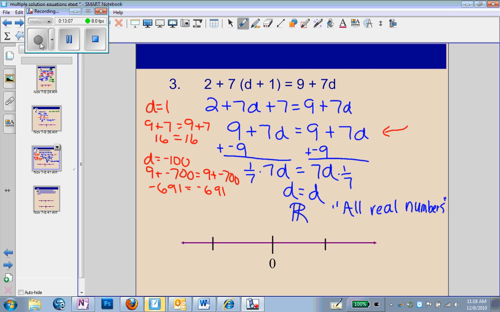So the way we're going to put it on a number line is we're going to draw a line on the number line with arrows on both ends showing that it's infinite. Again, you don't need to label any numbers. Go ahead and put a 0 in the middle, but don't worry about labeling numbers.